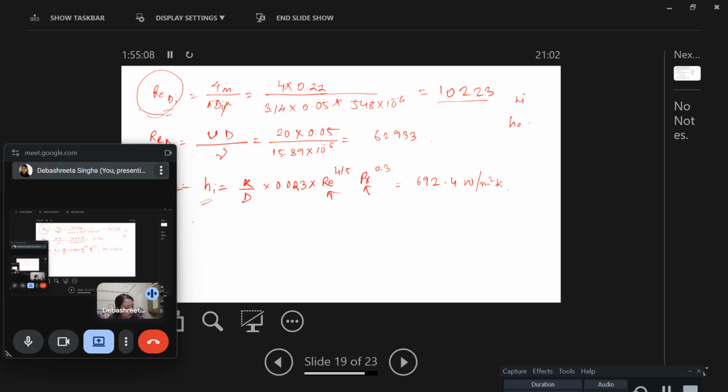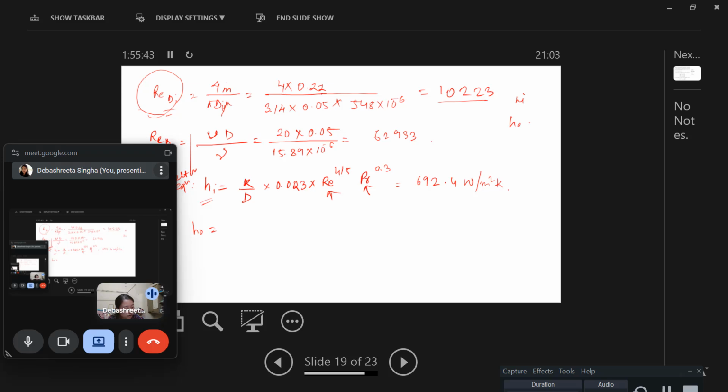And for h_o, for the outside fluid, we have to use the Churchill-Bernstein correlation.